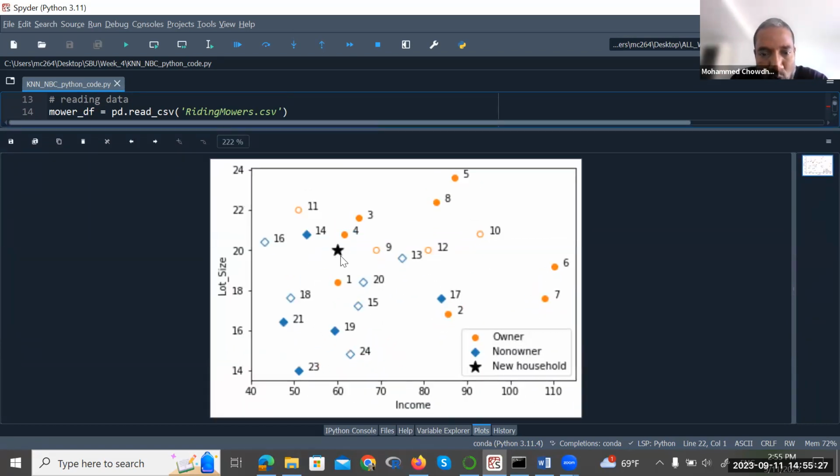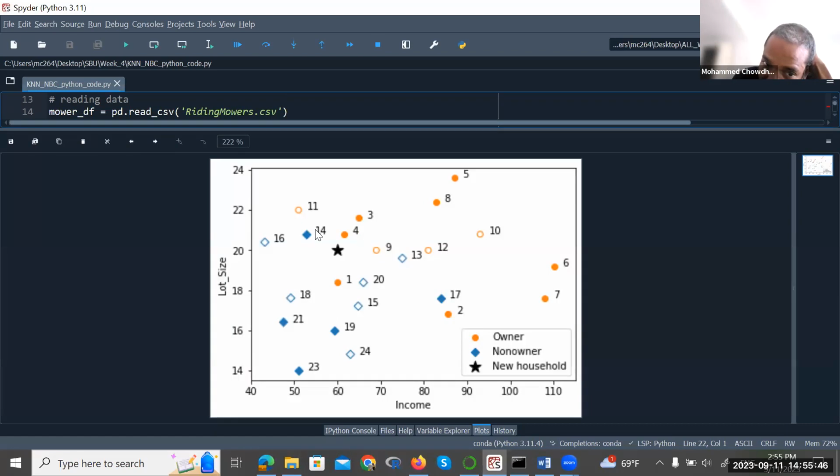So this is a home whose lot size is 20,000 and income is 60,000. If I take one nearest neighborhood, that means this distance is the smallest distance, so it falls in that category. So that means the new home will be in the owner category.